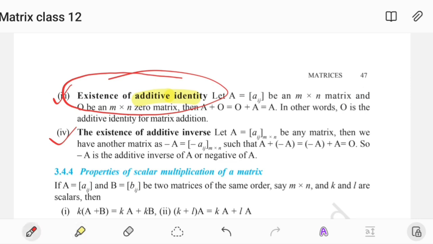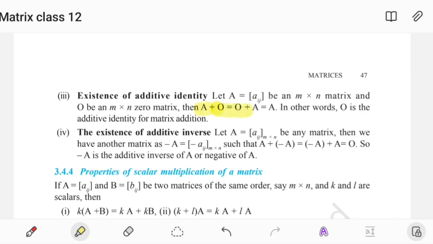As you can see here also, if I add a matrix such that the result is the same matrix A, then when I add some matrix to my given matrix and get the same matrix, such a matrix is the identity matrix. Now you can yourself tell me what the identity matrix will look like.